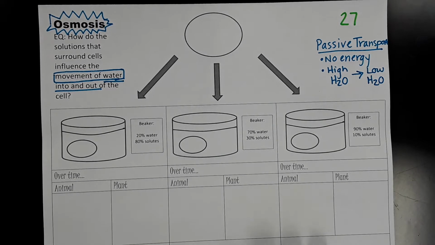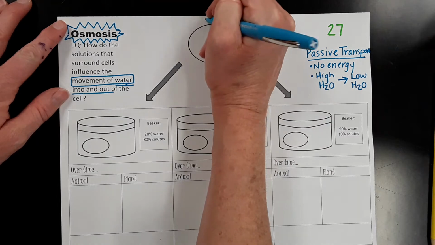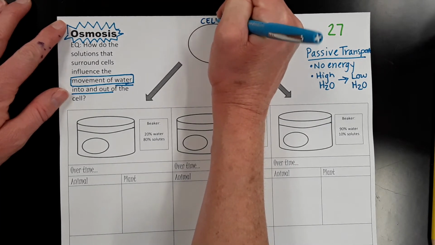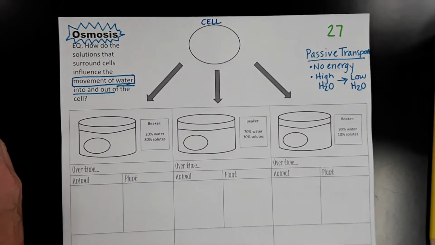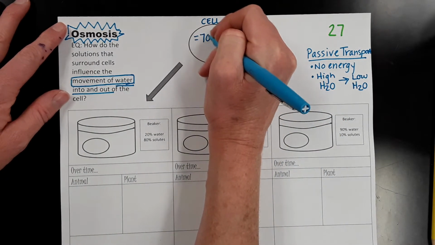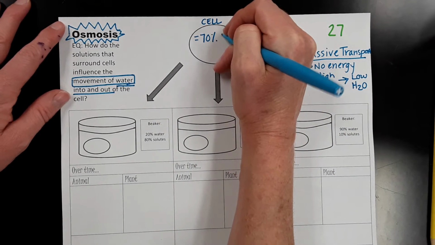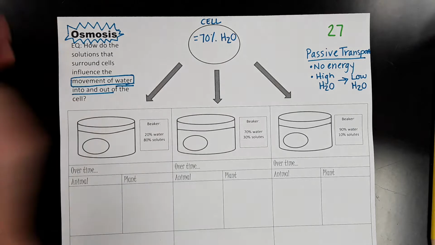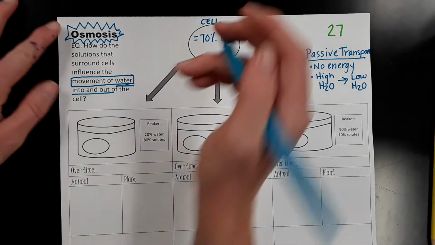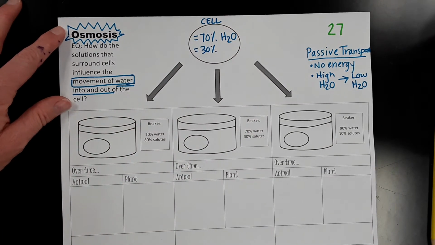When we're thinking about osmosis, in your diagram you want to think about a cell, the average cell. The typical average cell is about 65 to 70% water, so for our purposes today we're going to say 70%, and about 30% other stuff dissolved in the water.